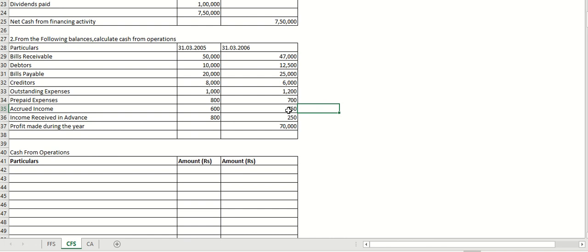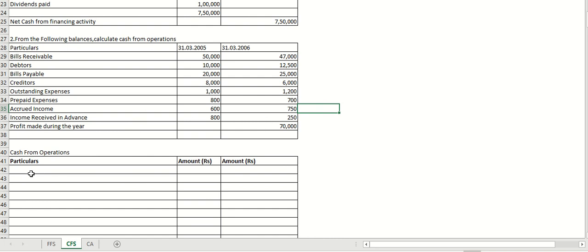Accrued income is a current asset, the income which is not received but yet to be received, so you will minus it. Income received in advance is a current liability, so you will add it since it's an increased income. Profit made during the year is nothing but your net profit.